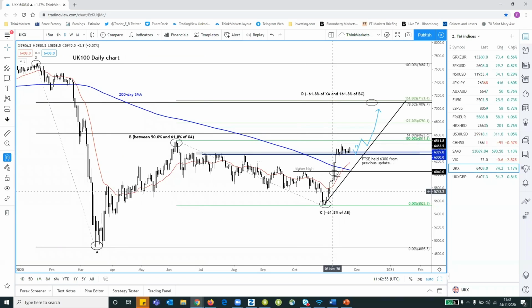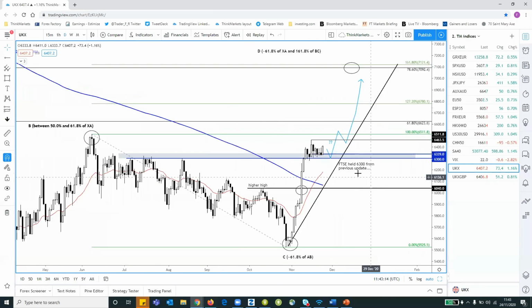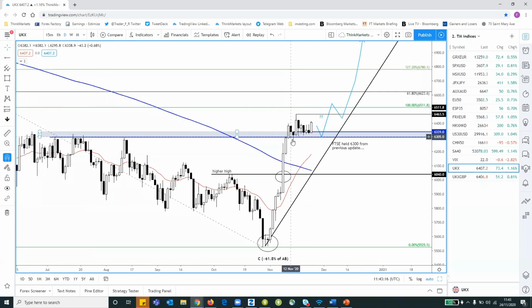The FTSE has broken above the 21-day exponential moving average and the 200-day moving average, thus providing us an objective way of telling that the trend is bullish. In addition, it has broken through this area of resistance right here, the shaded region. We have broken through it, and look what's happened here. The index has held its own above that area of prior resistance.